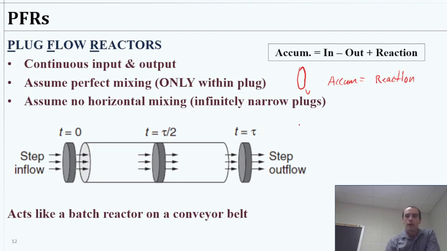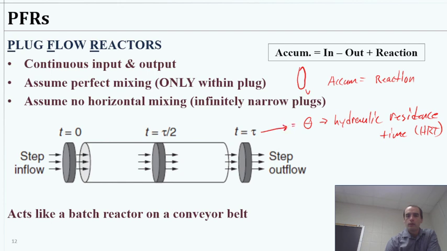A lot of times, and in our book, I'll use theta for hydraulic residence time. We're going to say tau is equal to that. It's the same thing, just different nomenclature.